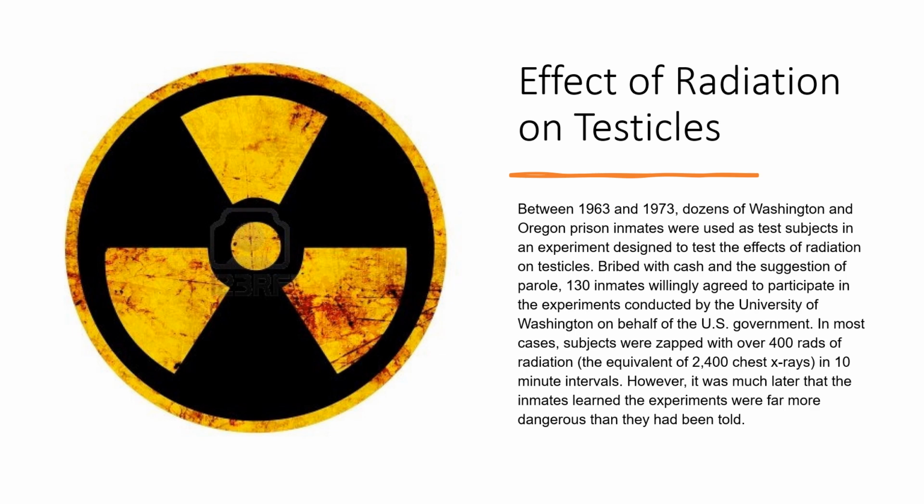They were exposed to excessive levels of radiation in 10-minute intervals, to the testicles, which would harm their reproductive capacity or their sperm development. And they were not told how dangerous this was, and they were a vulnerable population. So a double whammy set of risks there.